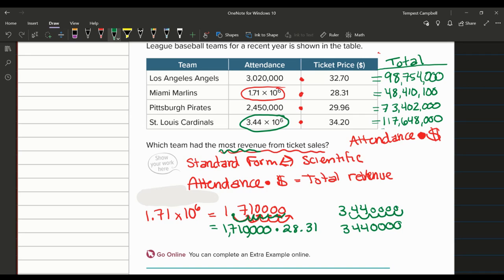It looks like the St. Louis Cardinals. Let's see if that's our answer. And it is the St. Louis Cardinals. So this required a lot of work and a lot of thought. If you struggled with this, make sure to ask questions in class.